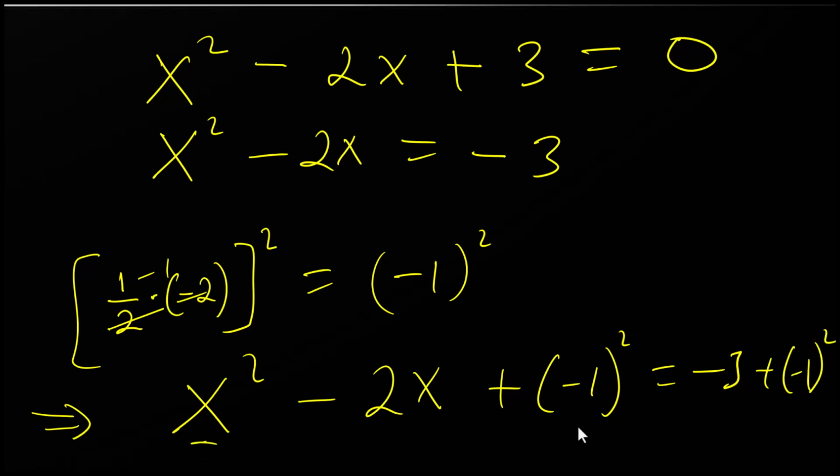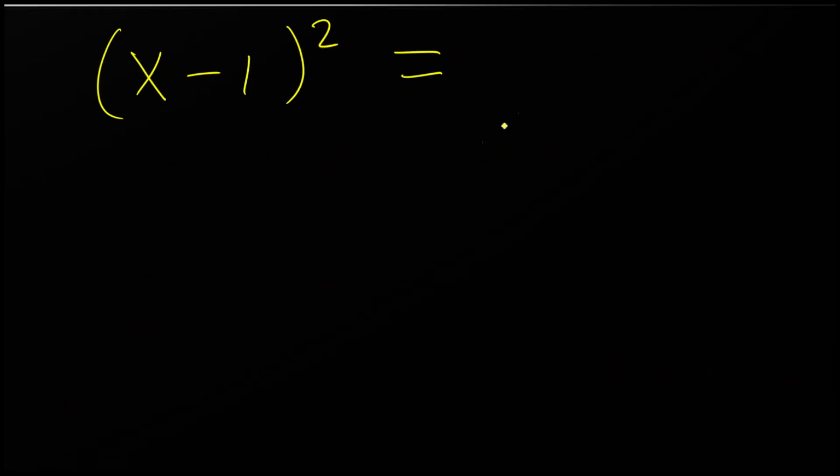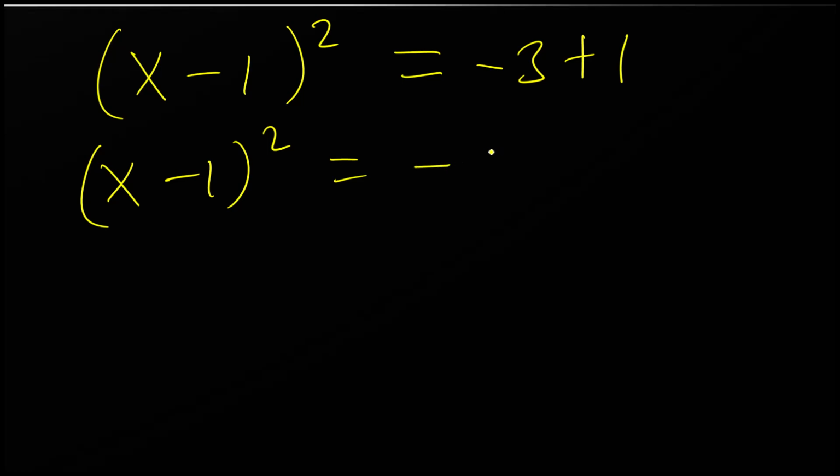So this and that will be x minus 1 all squared equals minus 3 plus 1. So we have x minus 1 all squared equals minus 2.